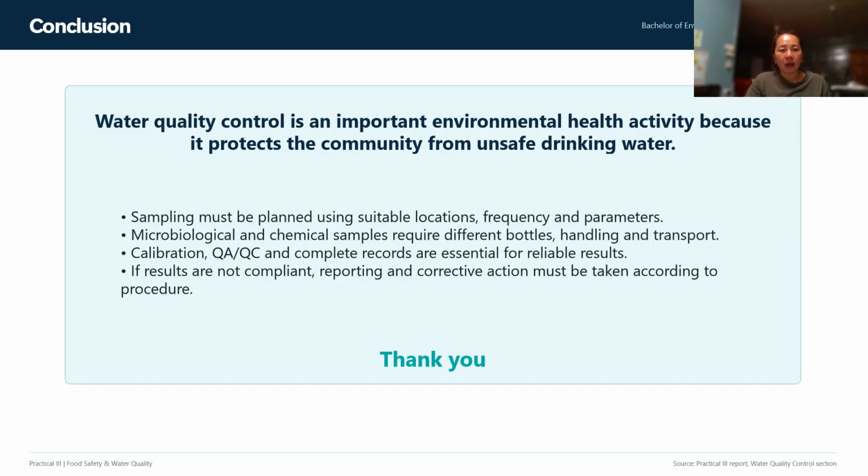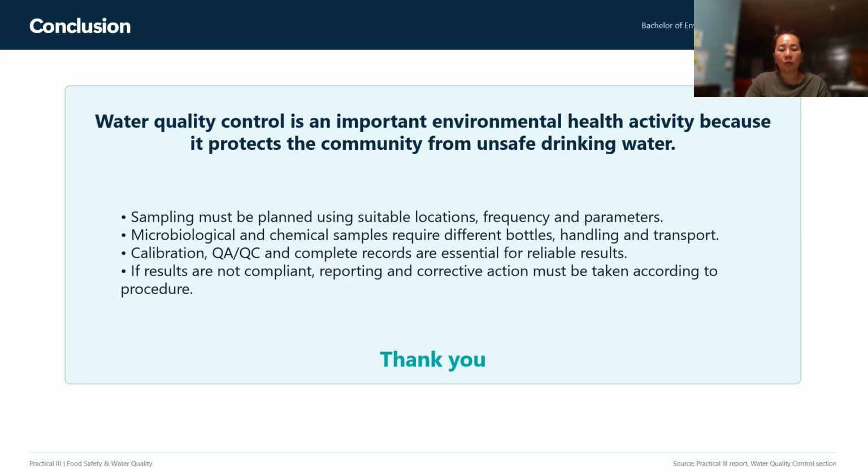In conclusion, water quality control is an important environmental health activity because it helps protect the community from unsafe drinking water. Sampling must be properly planned according to suitable location, frequency, and parameters.